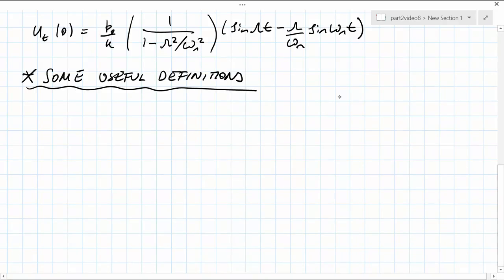We can define the ratio of the forcing frequency to the natural frequency as beta, and the static displacement as u static equal to p naught over k.